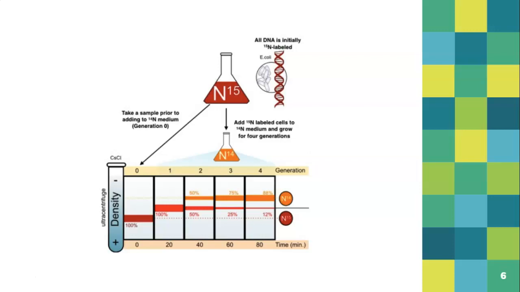So when that replicates, it's just another N14 DNA. And so you have that lighter DNA throughout at a much more frequent amount.